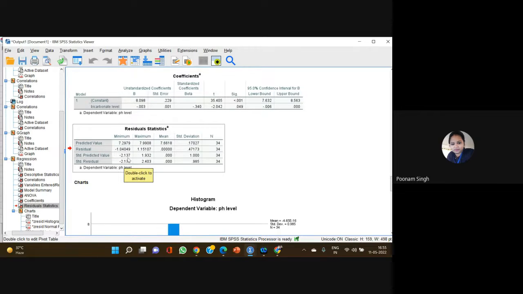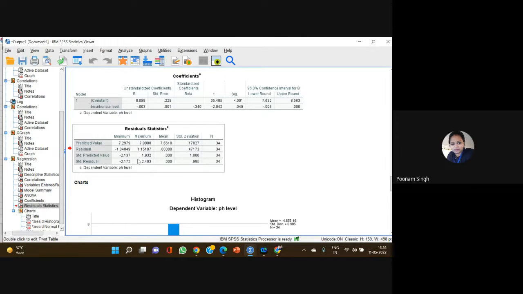So we can say that we do not have outliers. If the value exceeds -3.29 to 3.29, then in that case we will go back to the data set, examine the scatter plot and deal with the outliers accordingly.